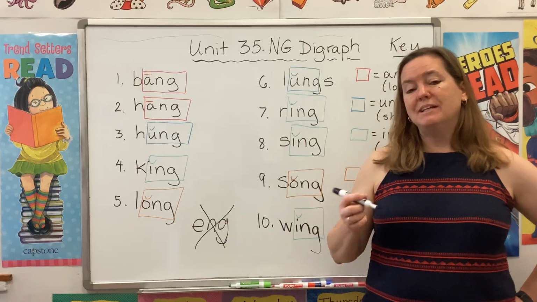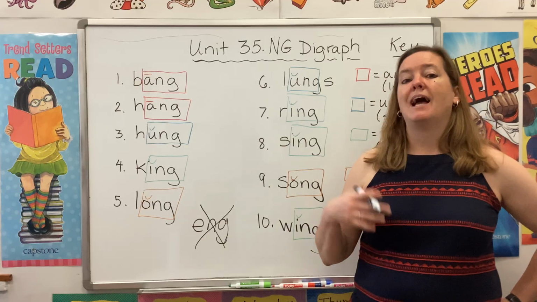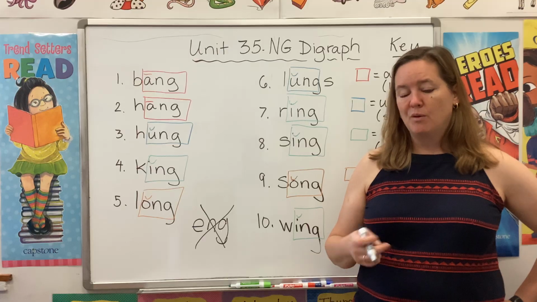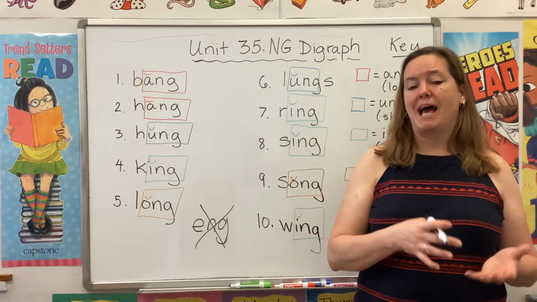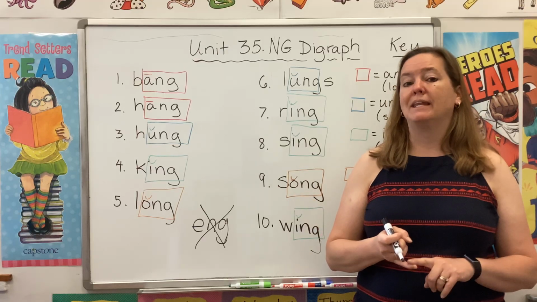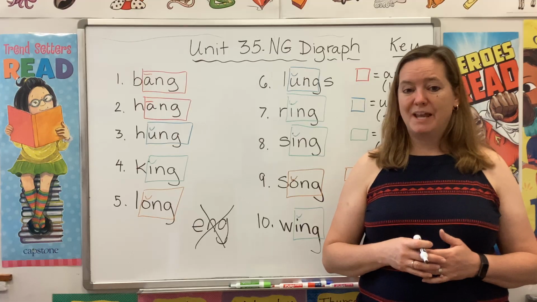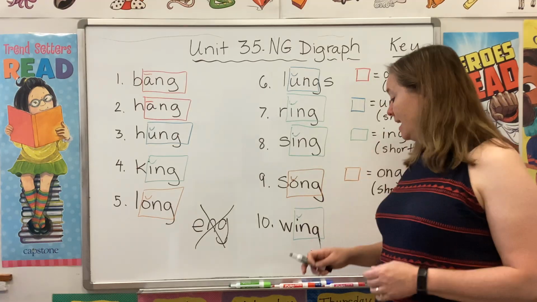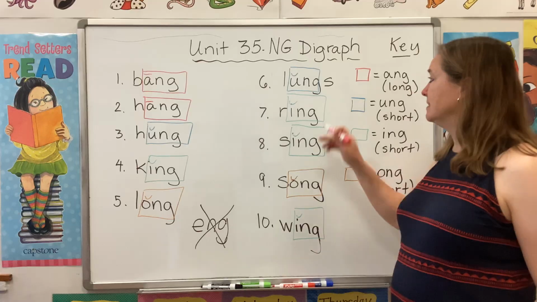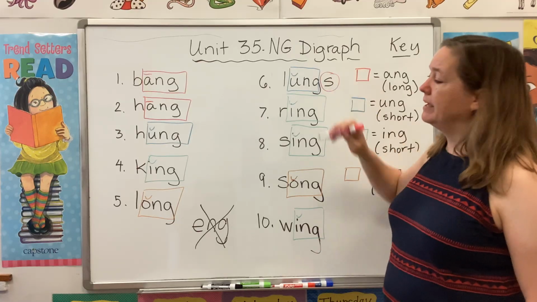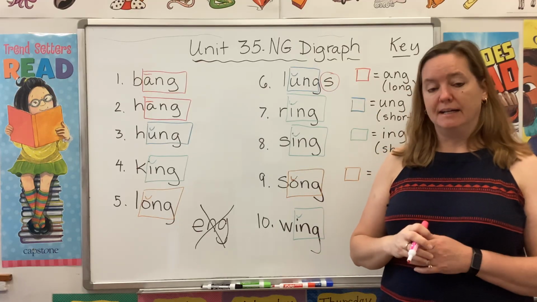Okay, did you notice that one of our words this week has a suffix? Remember, a suffix is something that we add to the end of a word. It could be one letter or more than one letter. We have the suffix S right here at the end of lungs.